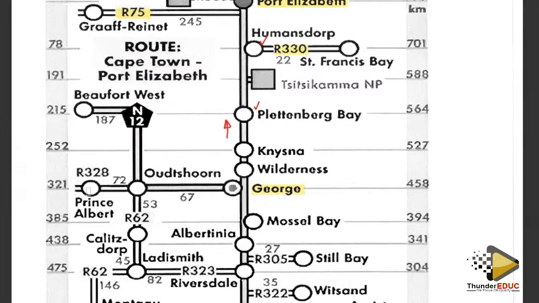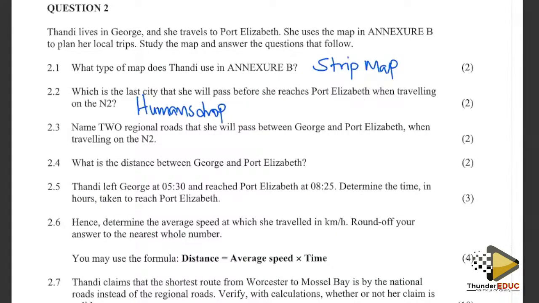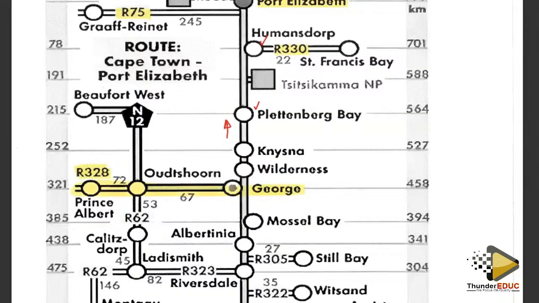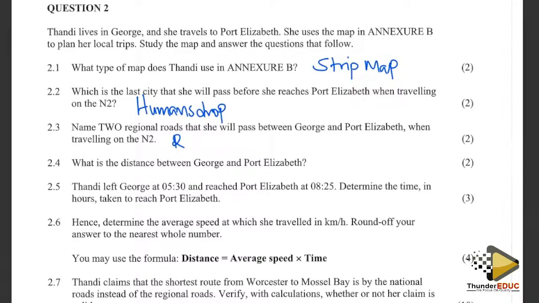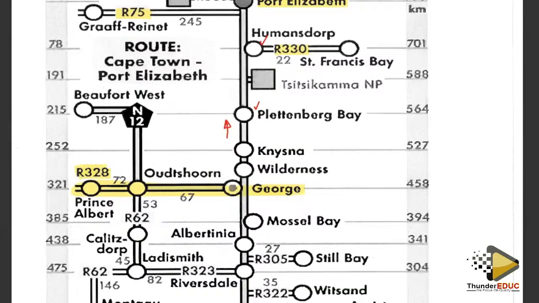This one here, it's route 328. So we shall say R330, R75. There was also R328, this one here, but they said two.